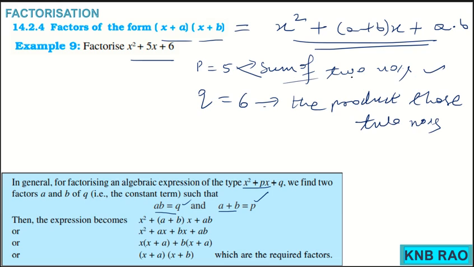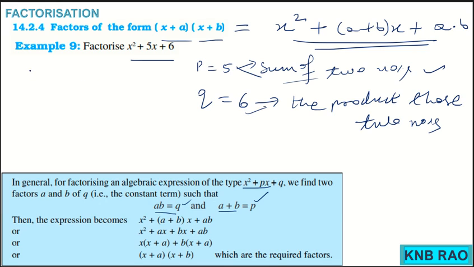So I have to choose in such a way. 5 can be written as 1 plus 4 or 2 plus 3, but when I write 5 as 1 plus 4, the product of 1 and 4 is 4, not 6. But if I write 5 as 2 plus 3, their product is 6, isn't it?